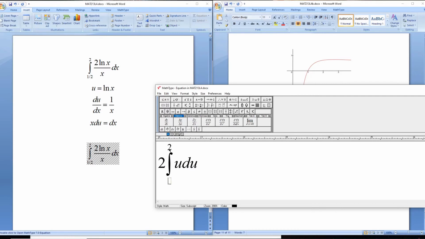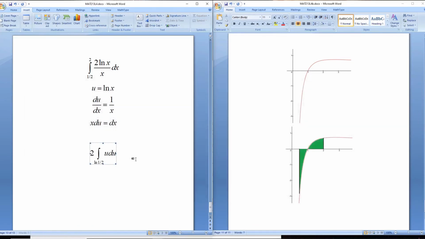And then we can't forget about our integration limits. Since we've changed from x to u, these numbers most likely will also change. So, when x is a half, we'll have log of a half. Now I just want to say really quickly here, log of a half. Let me just write this out separately.